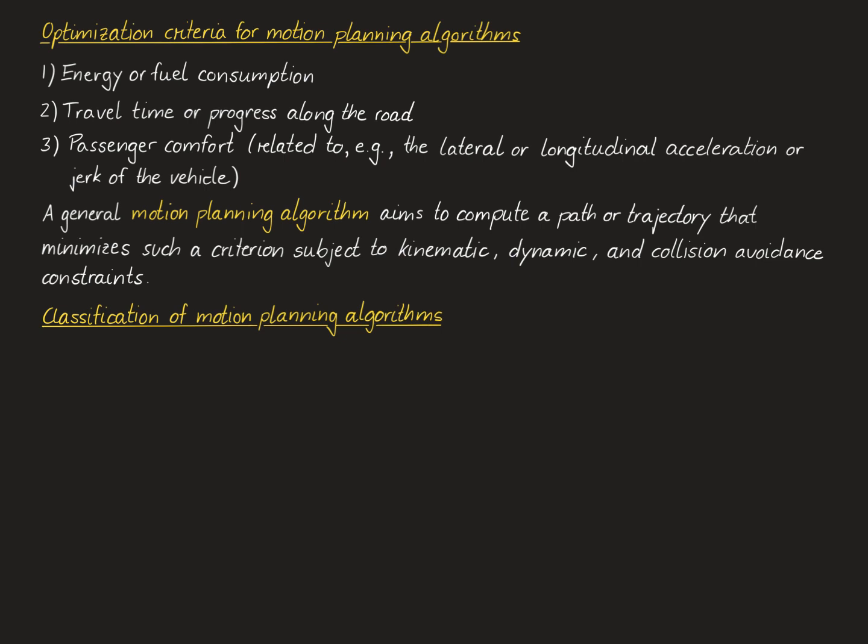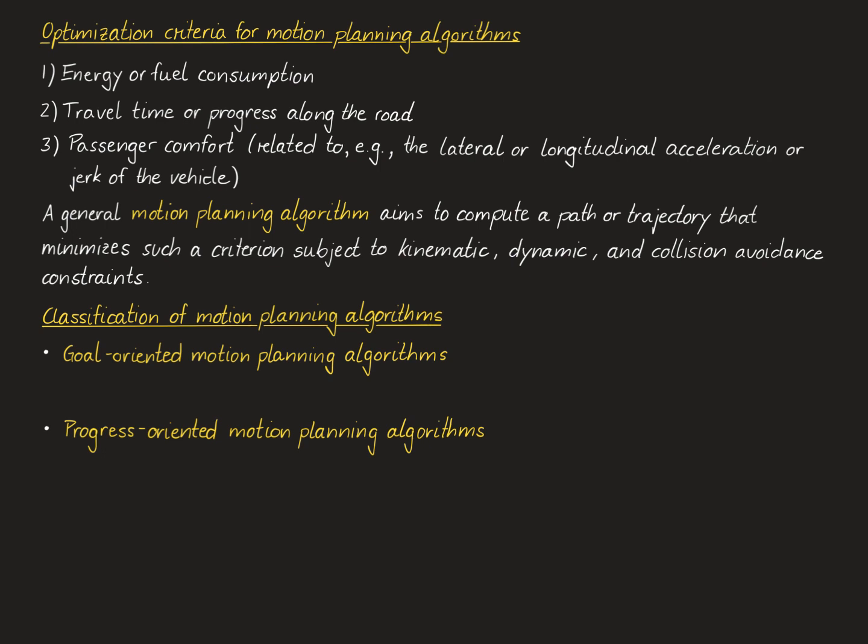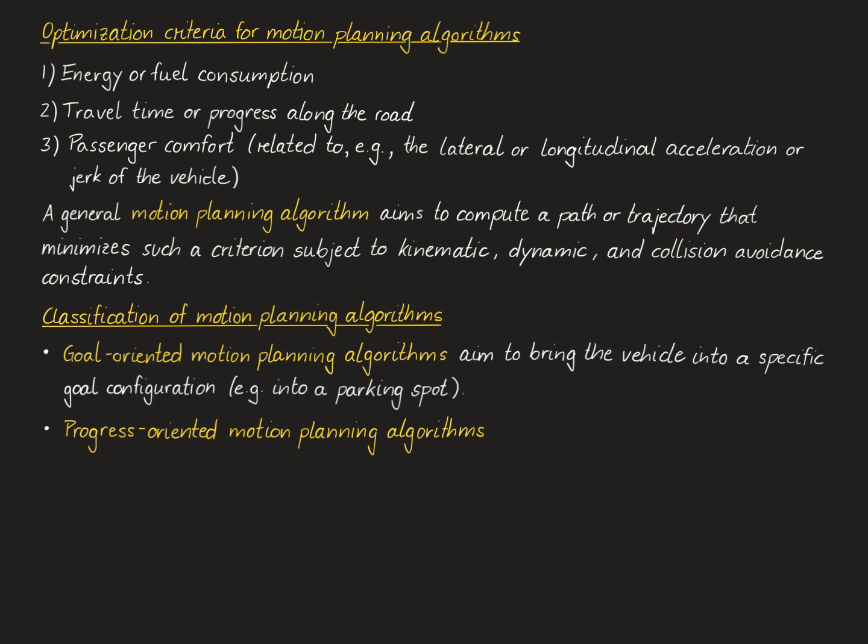First, we can distinguish between goal-oriented and progress-oriented motion planning algorithms. Goal-oriented motion planning algorithms aim to bring the vehicle to a specific goal configuration, for instance, a parking lot. For example, an algorithm for computing Dubin's paths or Reed-Shep paths falls into this category.